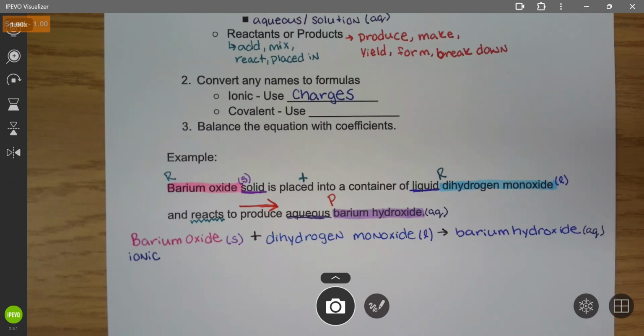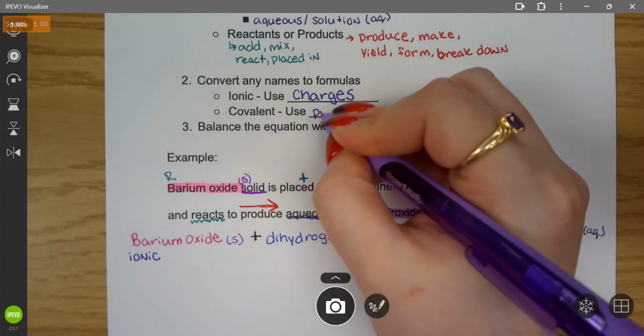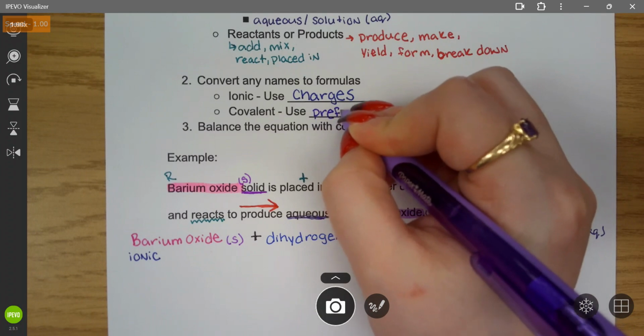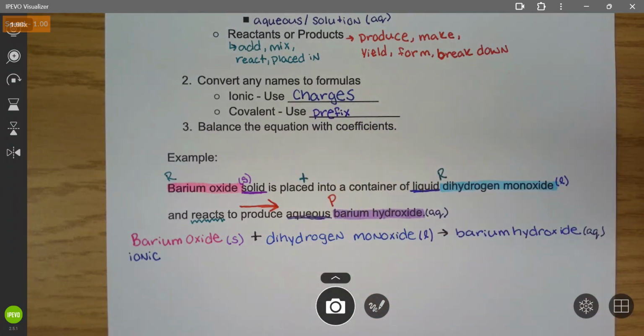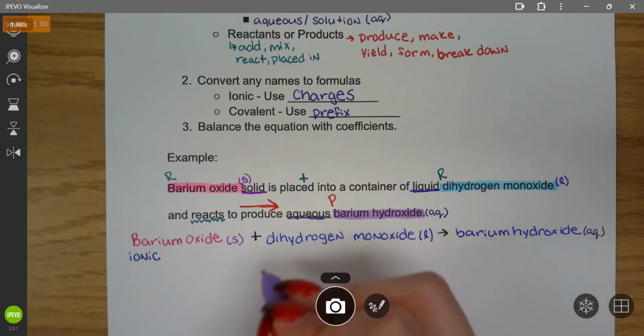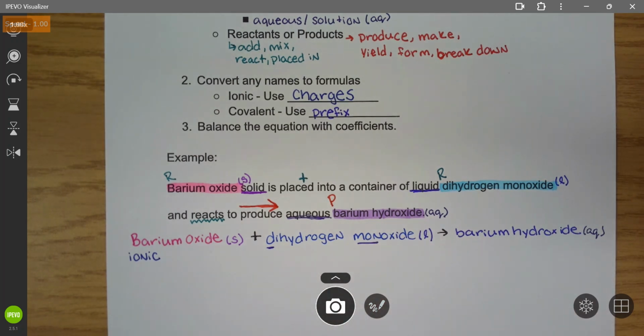If, however, we do have prefixes, then we're going to use them. So covalent compounds, we're going to use the prefixes. So as an example, dihydrogen monoxide, we have the prefixes di and mono, right?